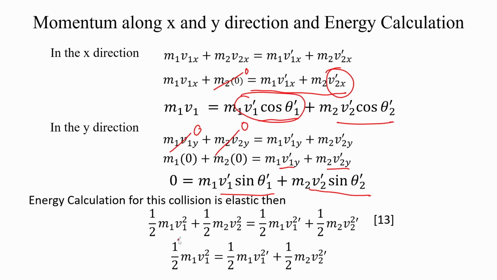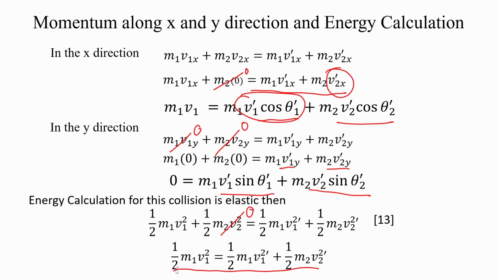You have 1/2 m1 v1 squared plus 1/2 m2 v2 squared is equal to 1/2 m1 v1 prime squared plus 1/2 m2 v2 prime squared. In that scenario, your v2 is 0, so it disappears.